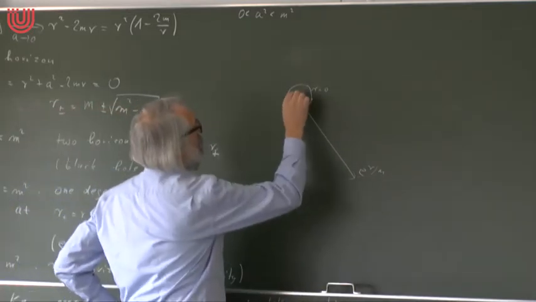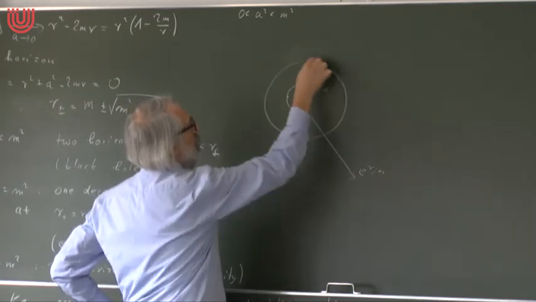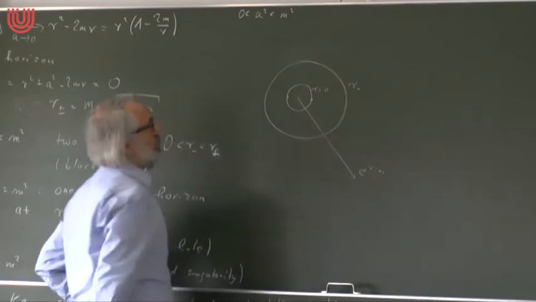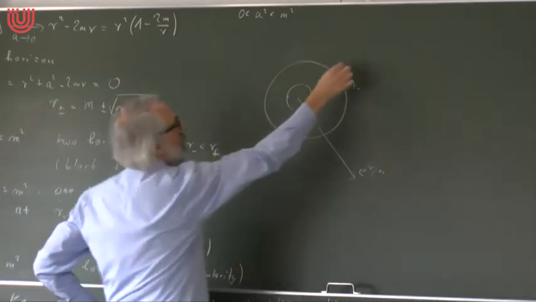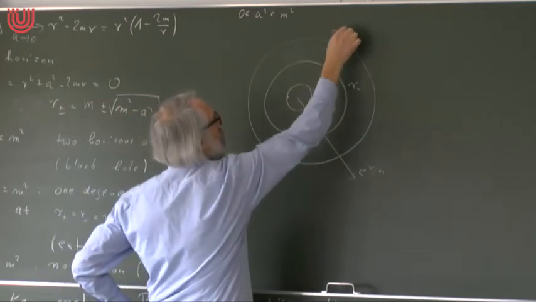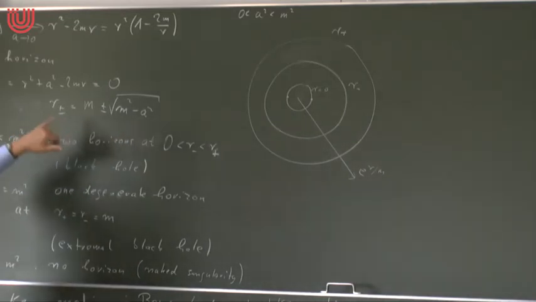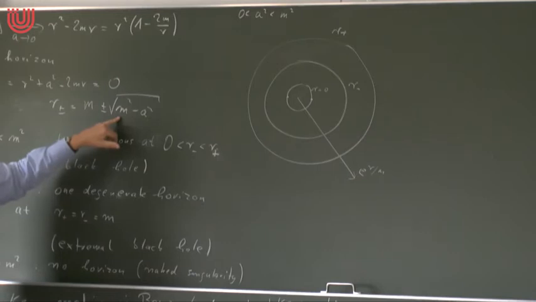So that's the singularity, and then we have a horizon here, r minus, at some radius, and we have another horizon, r plus, here. And what happens in the Schwarzschild case? In the Schwarzschild case, a equals 0, you see r plus goes to 2m.